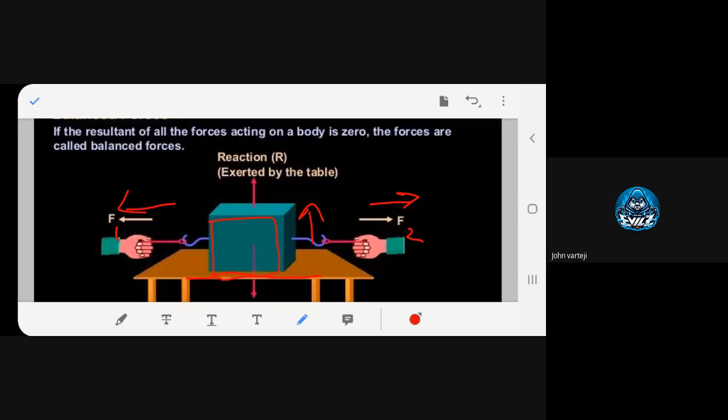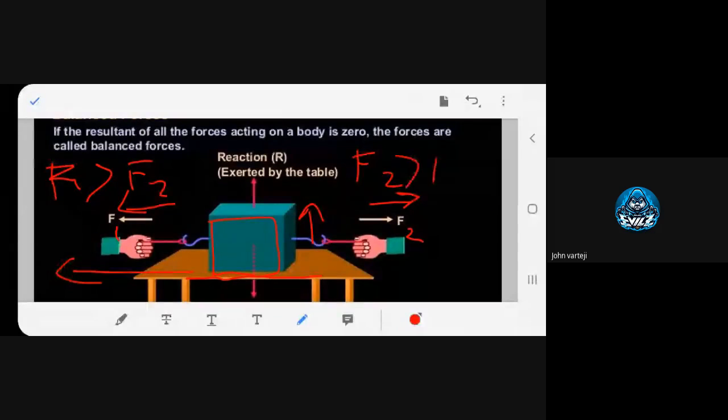I think I taught you earlier. Remember? If it is unbalanced force, if F1 is more than F2, then the body will go to this side. And if F2 is more than F1, then the body will go to this side. I taught you earlier, remember?